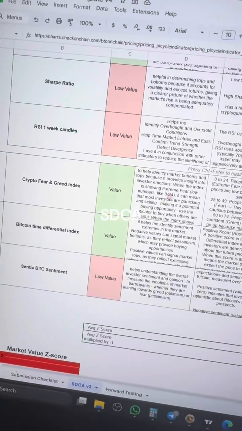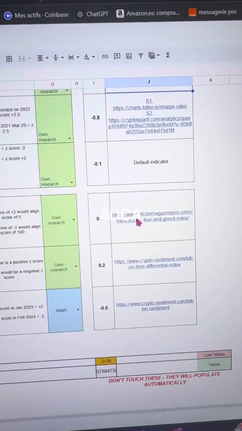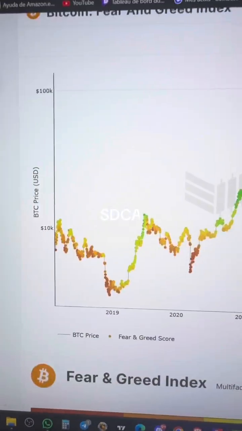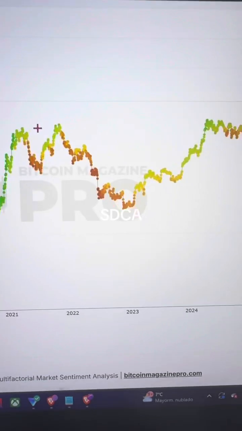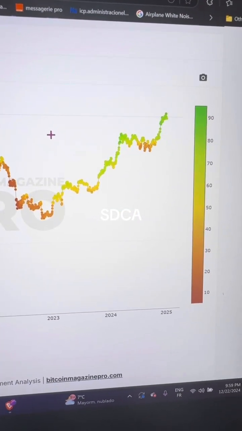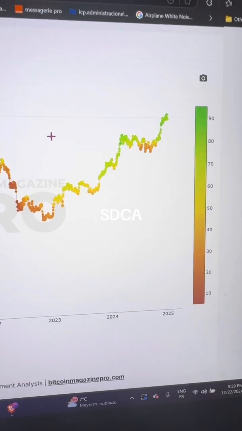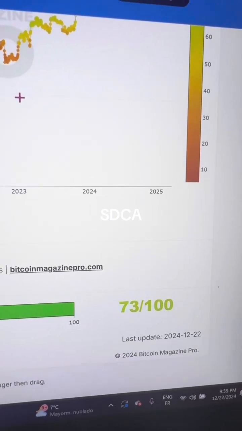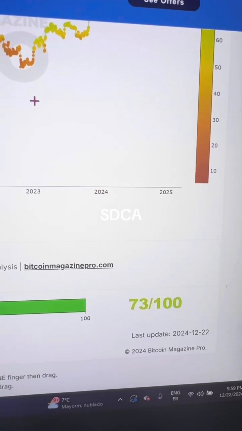Let's just look at the crypto fear and greed index, which is basically the sentiment of people. It's not the best, I don't really like it, but just to talk about it. So you get the fear and greed index. Basically it is the overall sentiment of the normies and the people that don't understand anything about Bitcoin. So what do they think? As you can see, they think 73 out of 100, which means they are bullish.